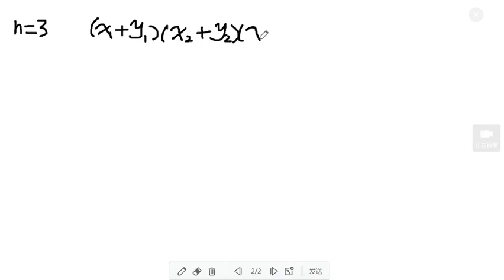When n is 3, that will be easy to understand. Then we can put the general case for n. So this means 3 products, 3 parentheses, and we already analyzed that you are going to form different terms.